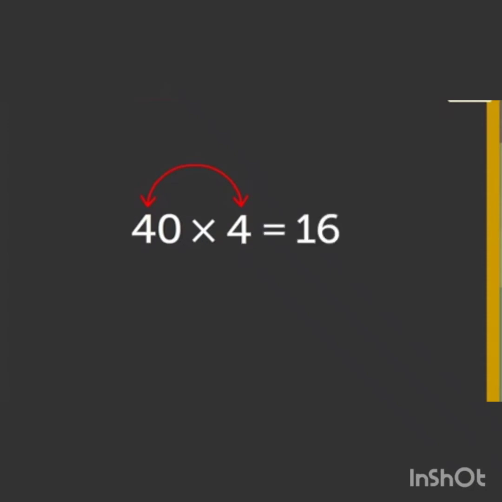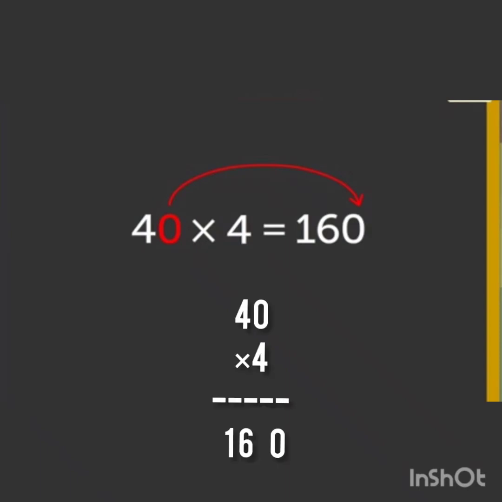Now we get 16. The product is 16. Remember, we have to add this 0 of the multiplicand at the end of the product. So we got the answer 160.